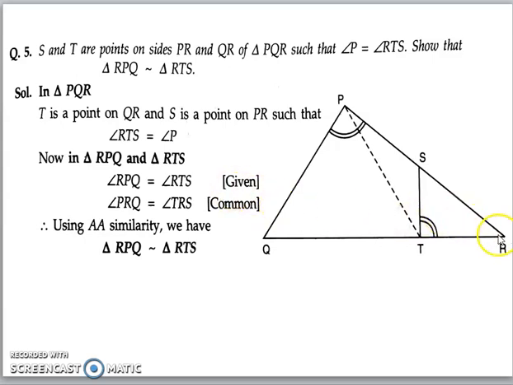That means this angle R is common for both the triangles. So by AA criteria, that means one angle is given equal and another angle is common for both the triangles.